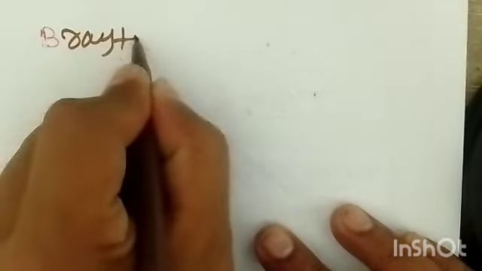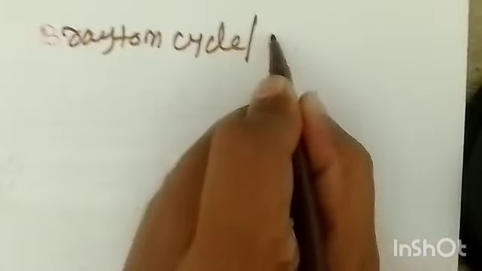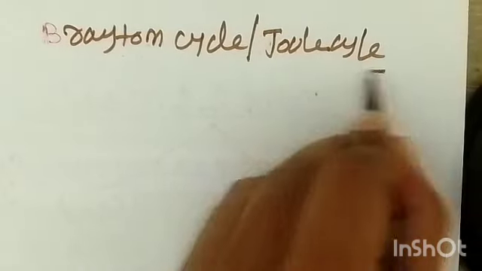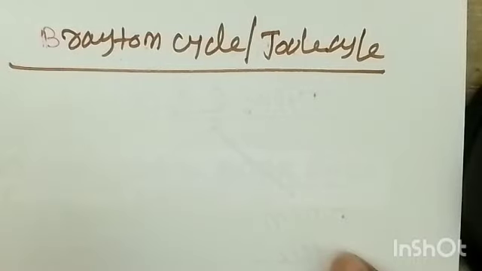So now first of all we will see, you can write, just wait, yes. So now you can see that the Brayton cycle, okay. So the Brayton cycle is also known as the Joule cycle, right? Your gas turbine plant works on the Brayton cycle.